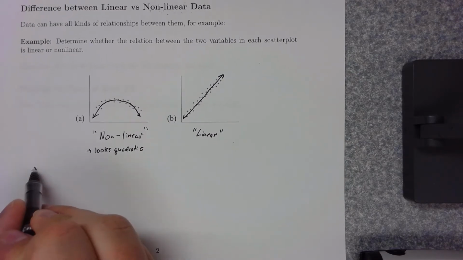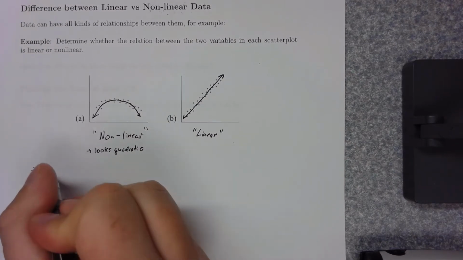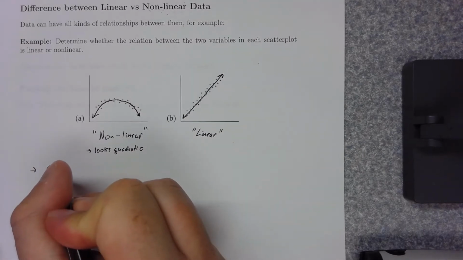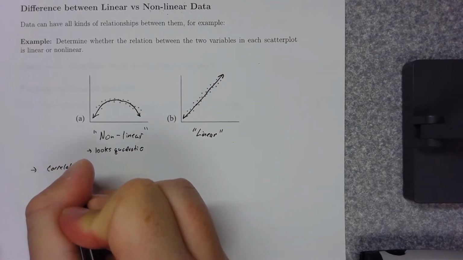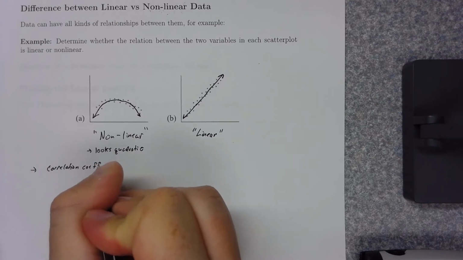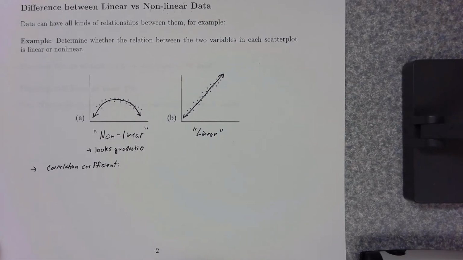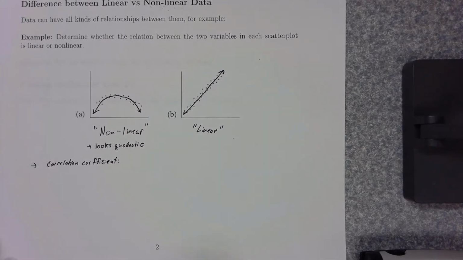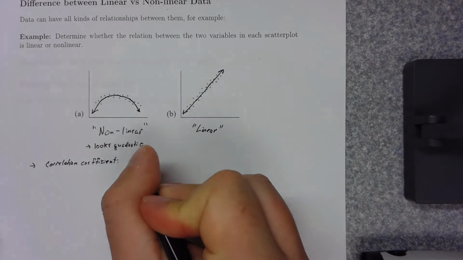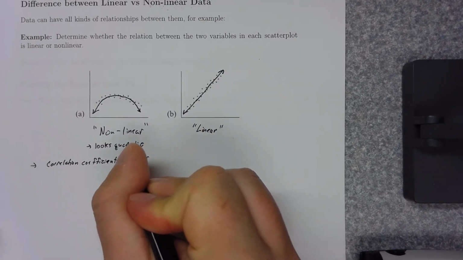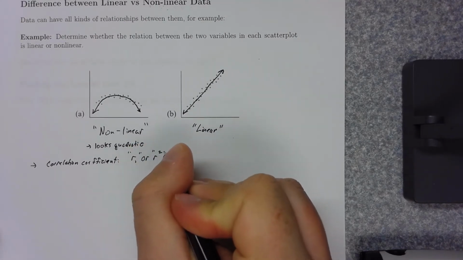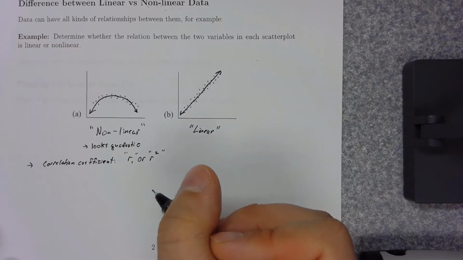There's this thing in your calculator called a correlation coefficient. You'll see what I mean in a minute, but the correlation coefficient is usually denoted by R or R squared, depending on what kind of modeling you're doing.